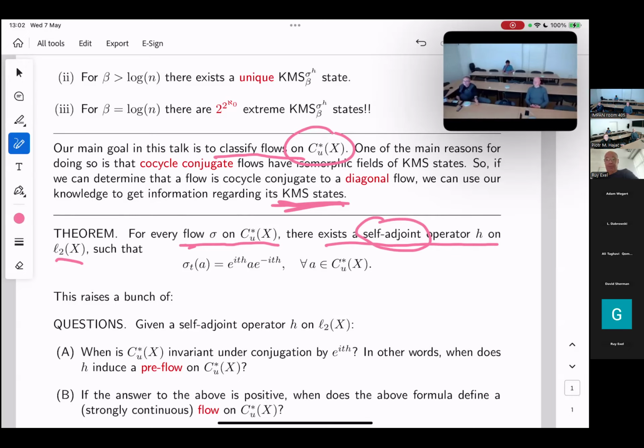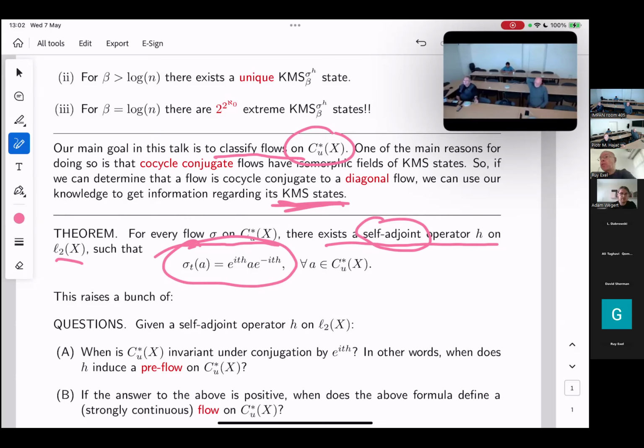So any flow is always implemented by a self-adjoint operator H. That's a very physical statement because H is often associated to the Hamiltonian, to the energy of the system.